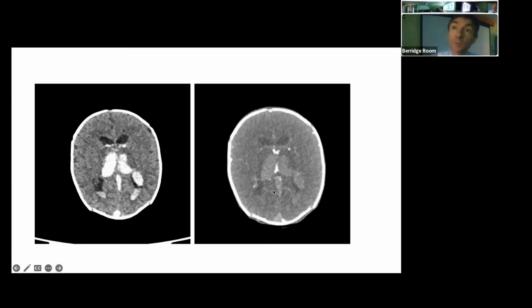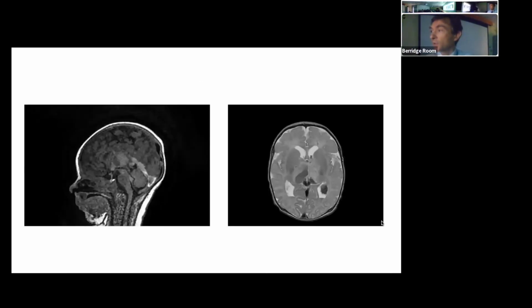So we interpreted this as straight sinus thrombosis with some sagittal sinus thrombosis and bithalamic hemorrhage. So he was admitted, obviously, and then I think a day or so later, he had an MRI.